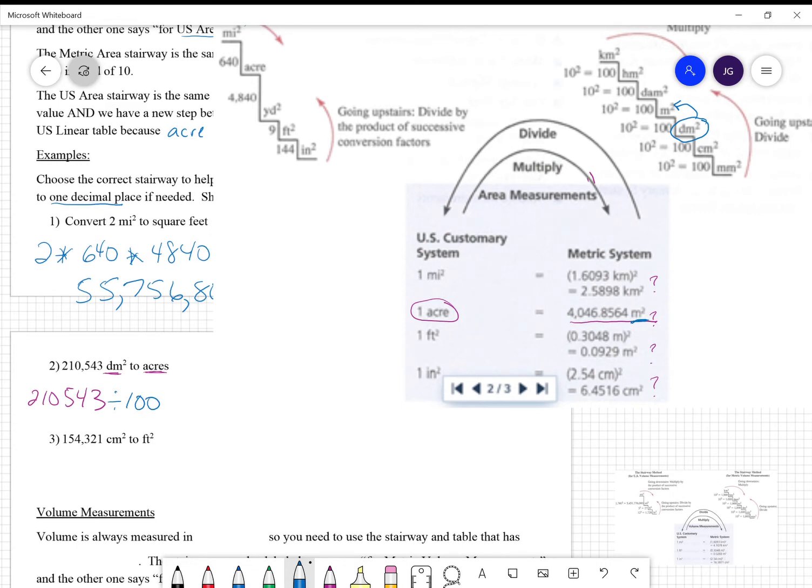Now I'm at meters squared, and I'm going to go in this direction, which is to divide by this value, 4,046.8564. That will give me 0.52, which is 0.5 acres.